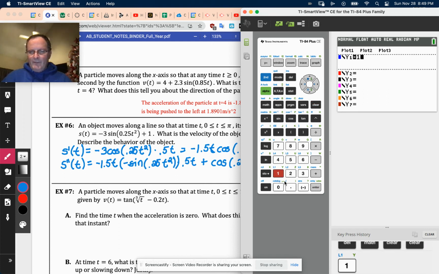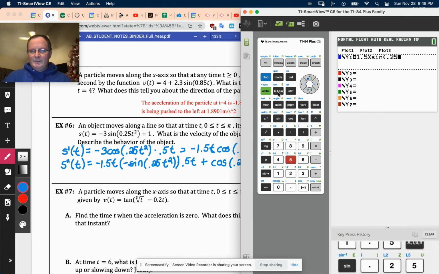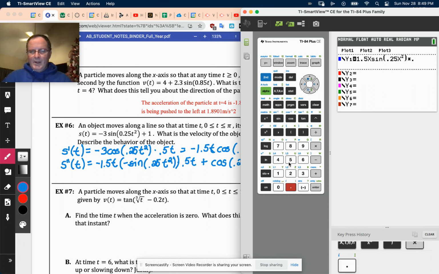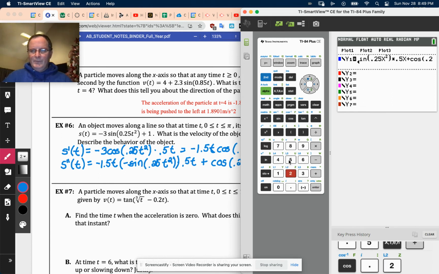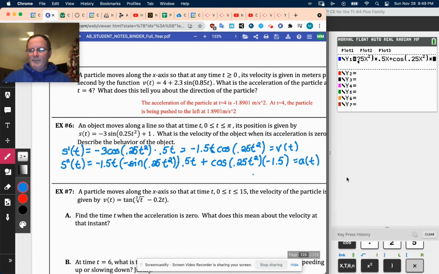So I've got 1.5 x times sine of 0.25 x squared, and times 0.5 x plus the cosine of 0.25 x squared. And then that was times negative 1.5.